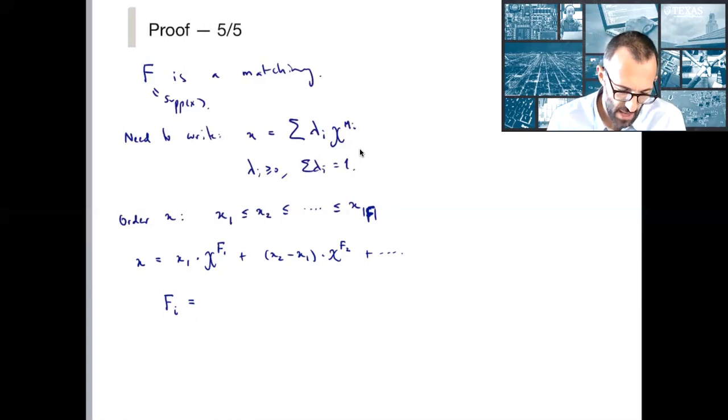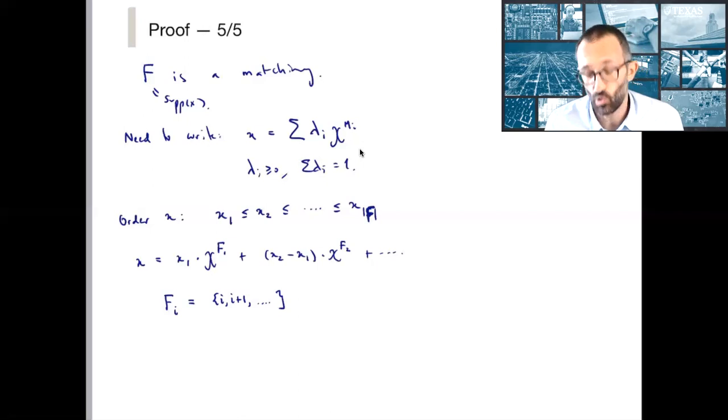So what is F_i? F_i is the edges i plus 1, etc., in the ordering that is implied by the coefficients of x. And I break ties in any arbitrary way if, say, x_k is equal to x_{k+1}.